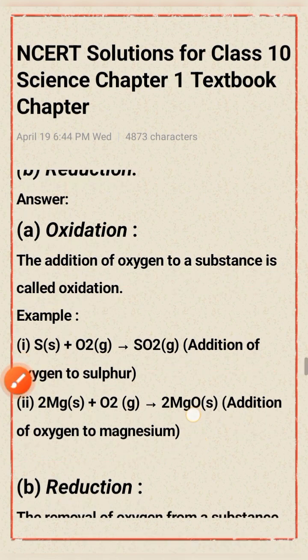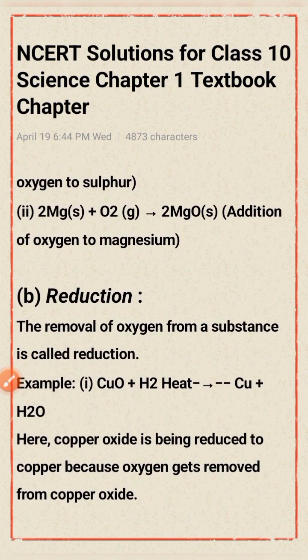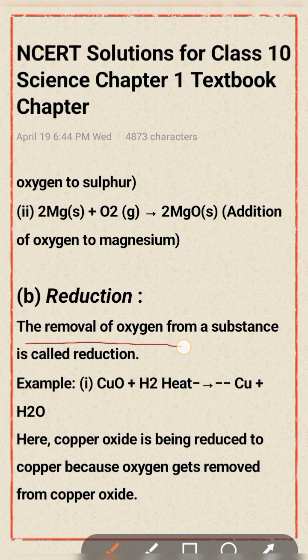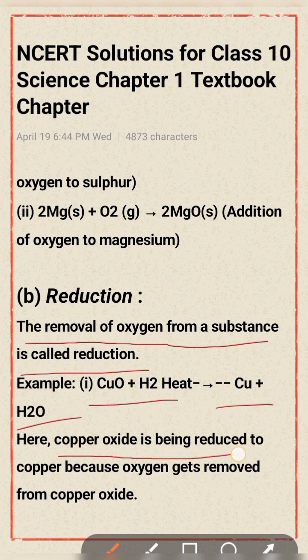Next part, reduction. The removal of oxygen from a substance is called reduction. For example, copper oxide, CuO, reacts with hydrogen in the presence of heat to form copper and water. Here copper oxide is being reduced to copper because oxygen gets removed from copper oxide.